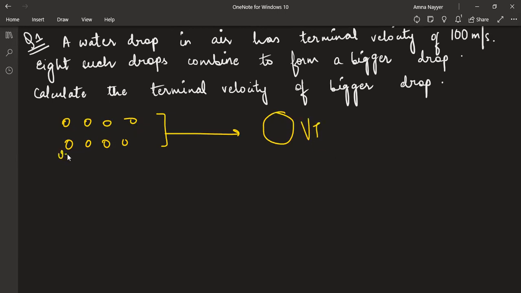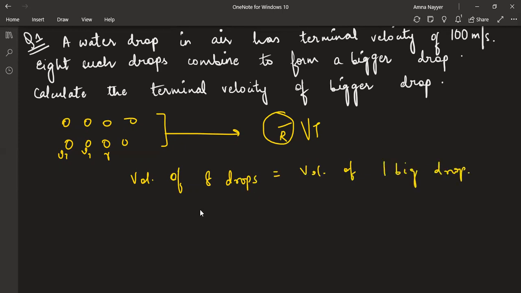You have the terminal velocities of these small drops, 100 meter per second. But for bigger drop, we do not know. So let's find a relation between the radius. Let's say the radius of small drop is r and the bigger drop is capital R. So volume will remain the same. The volume of 8 drops will be exactly equal to the volume of one big drop.